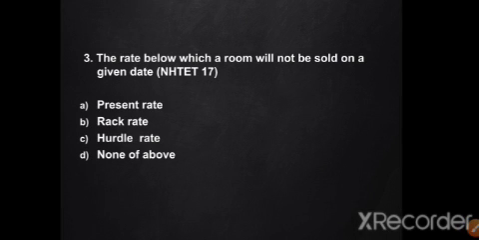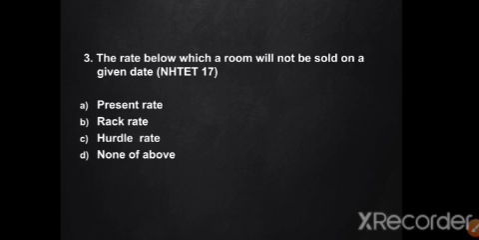Third question. The rate below which a room will not be sold on a given day. This question was asked in NSTET 2017 as well as in 2020, which is this year, as the NSTET happens in the month of February. The same question was again repeated.